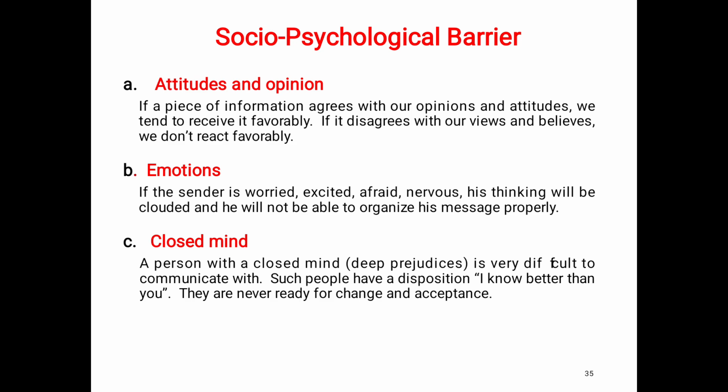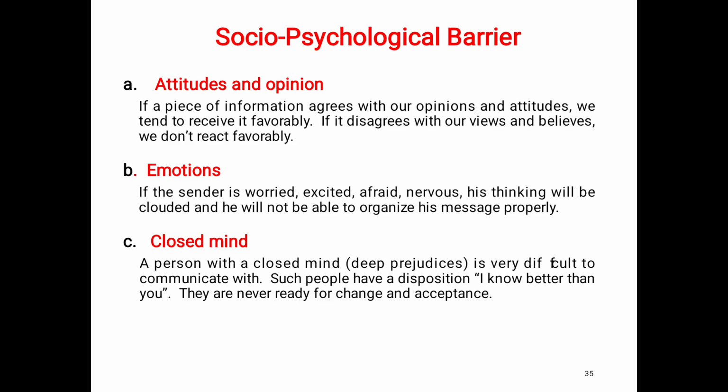So therefore we have this term socio-psychological. It is a blend of two terms, right? Social and psychological. So these problems may be with individuals. At the very same time, it may also be a problem of a broader group, like a community or many people at a time.